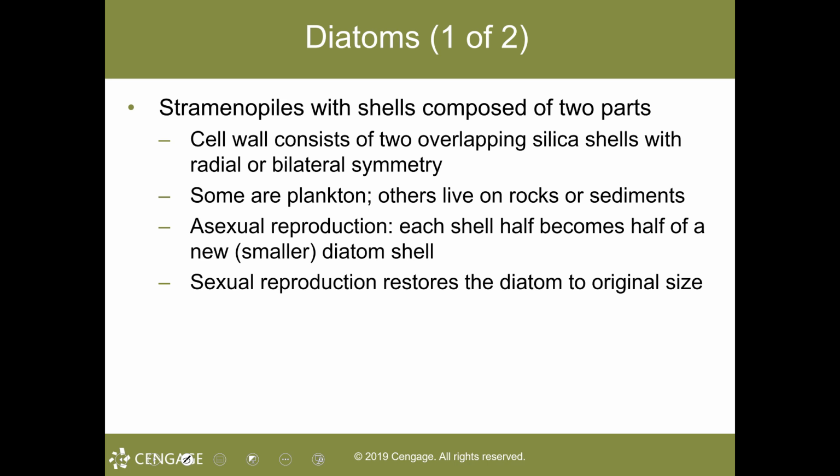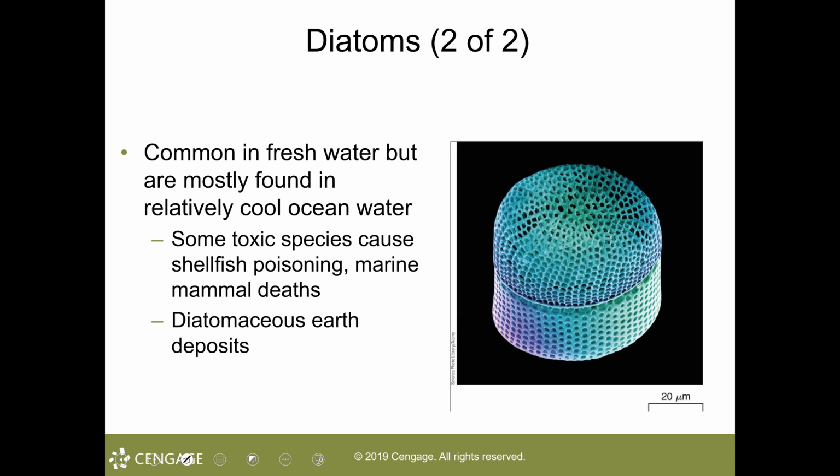Then we have the marine diatoms. Again, these are part of, class, the plankton, found, of course, in the water. And the marine diatoms are quite colorful, and also what's found in diatomaceous earth, which you all may or may not have heard about. Sometimes, class, they can, of course, cause poisoning, and even marine deaths.